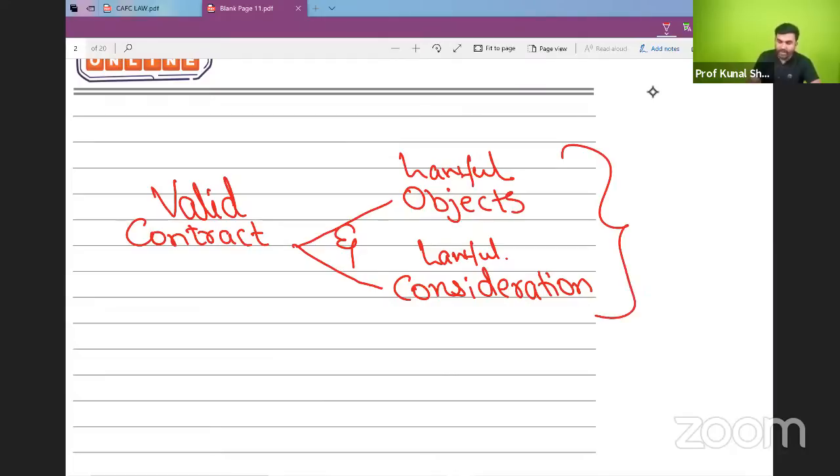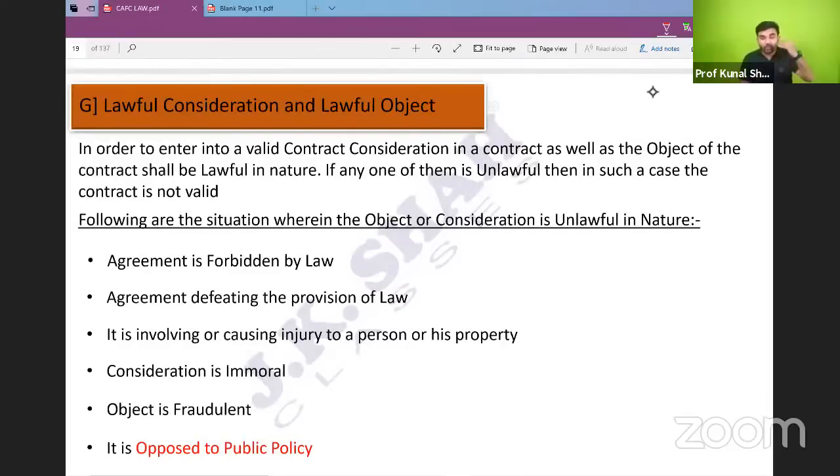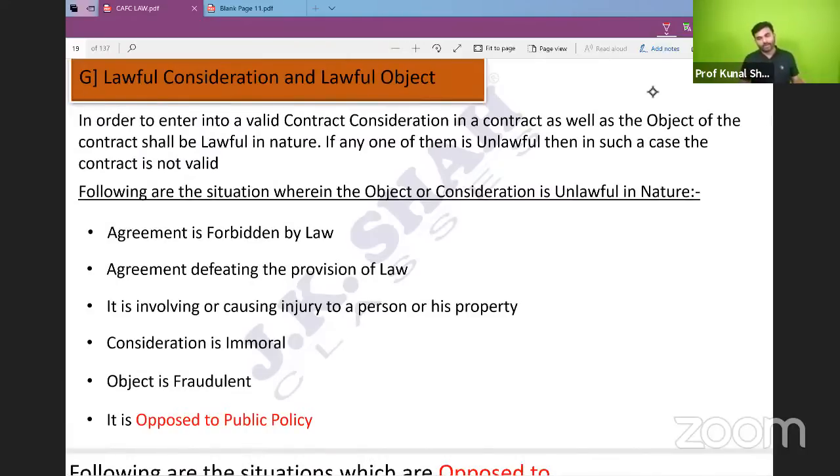If any one of them turns out to be unlawful, then sorry to say there cannot be a valid contract. So whenever we want to form a valid contract, dash as well as dash should be lawful in nature. Very good. The answer is the object as well as the consideration should be lawful in nature.